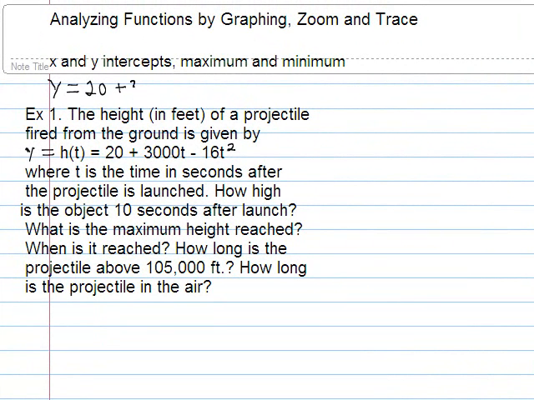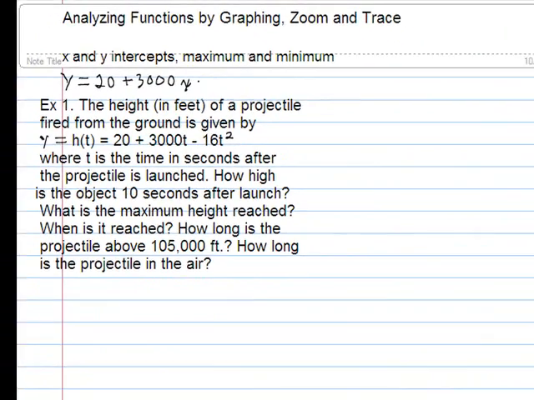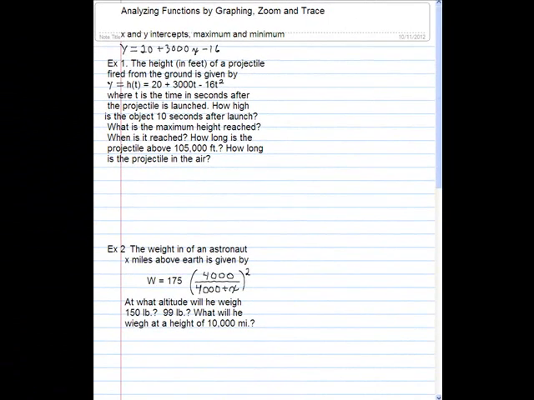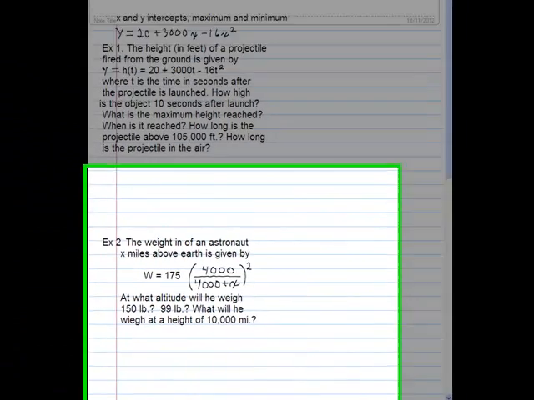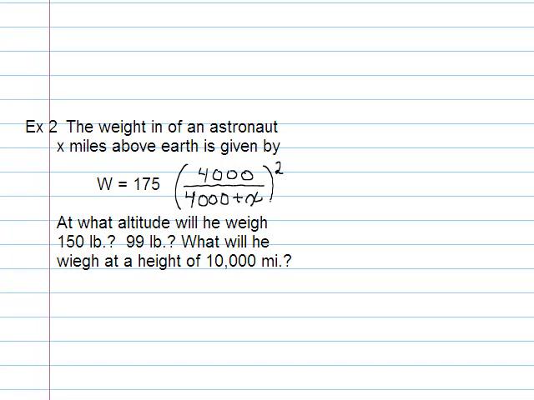We can't use a t in the graphing portion of our calculator, so I'm going to change t to x, so that'll be minus 16x squared. Whenever I'm referring to the height, I'm going to look at y, and whenever I'm referring to time, I'm going to look at x.